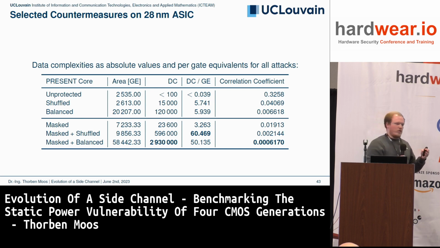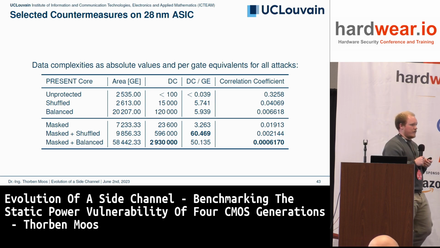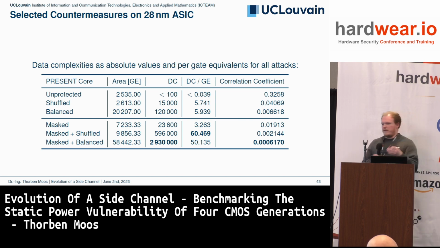On the other hand, you only need like 600,000 traces to break it, which is still not ideal. I mean, 600,000 traces probably takes you less than a day. So 3 million for the most protected one is also not ideal. So I think the research on countermeasures there definitely has to continue.